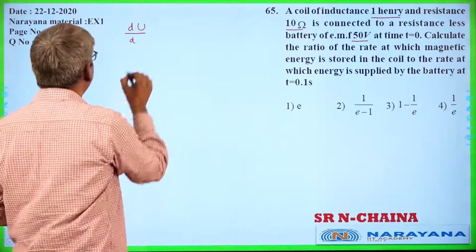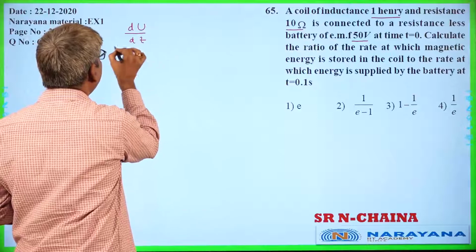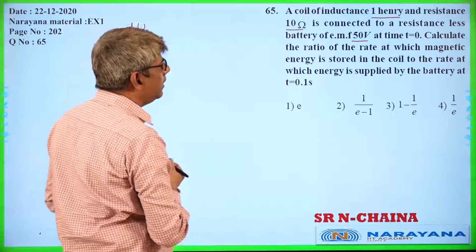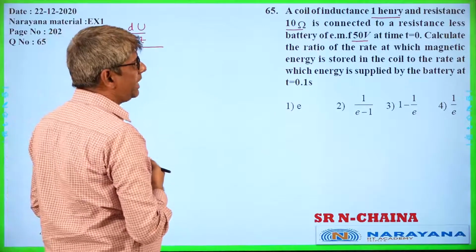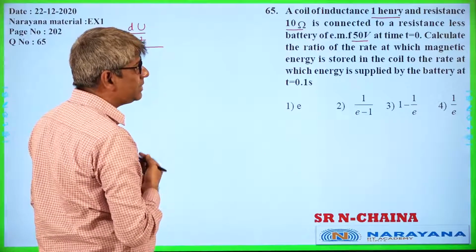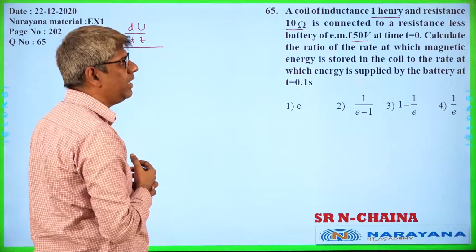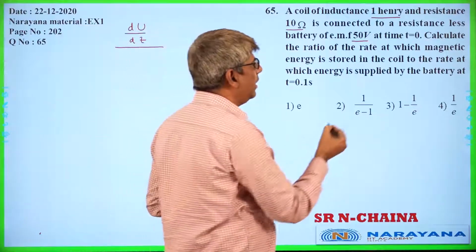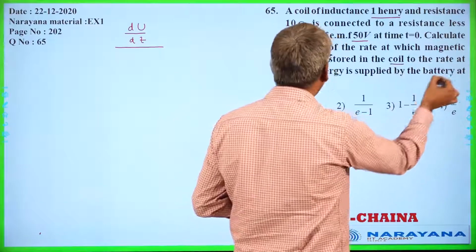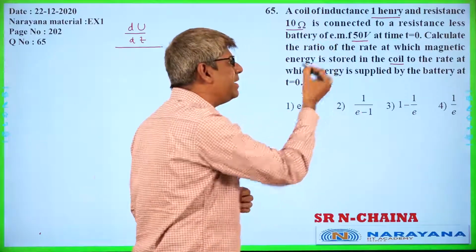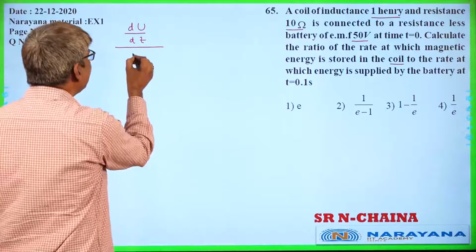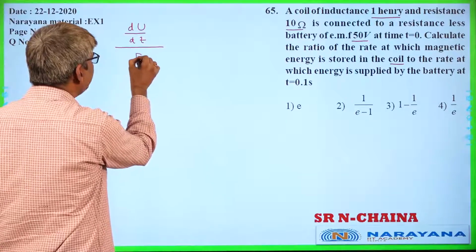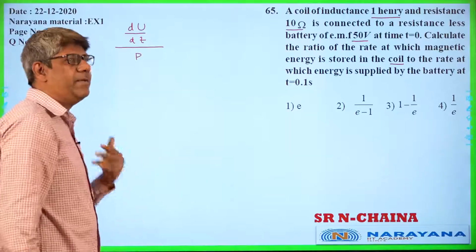Ratio of dU by dt, that is, the rate at which magnetic energy is stored in the coil, to the rate at which energy is supplied by the battery at t is equal to 0.1 seconds. Rate of energy supplied by the battery means power supplied by the battery.